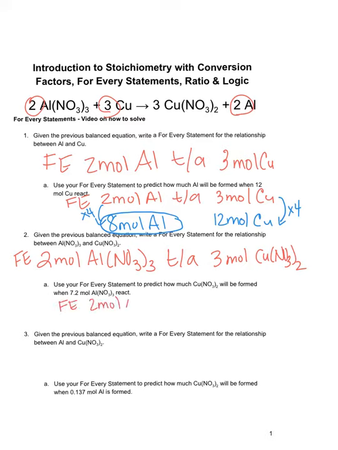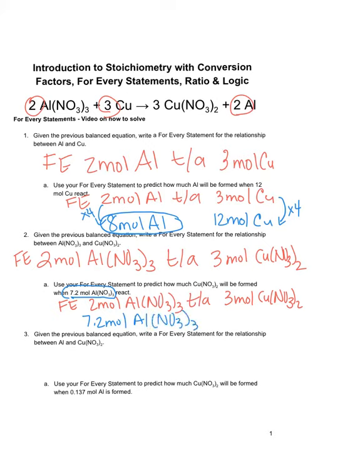2 moles of AlNO3, there are 3 moles CuNO3 2. Now I'm going to look at my given, and in this problem it says there are 7.2 moles of AlNO3. So 7.2 moles of AlNO3.